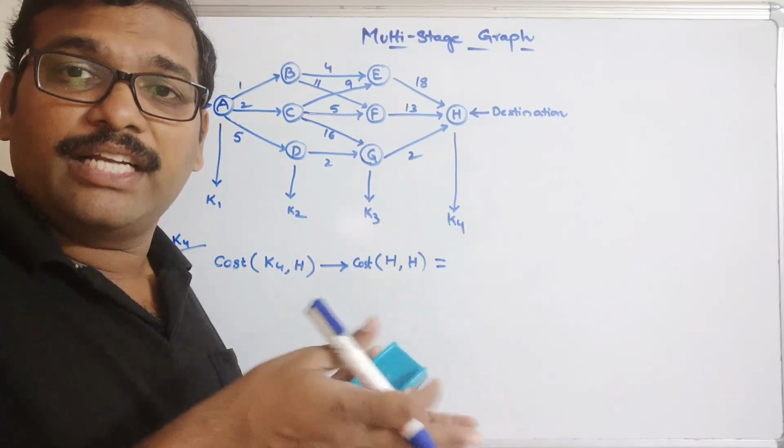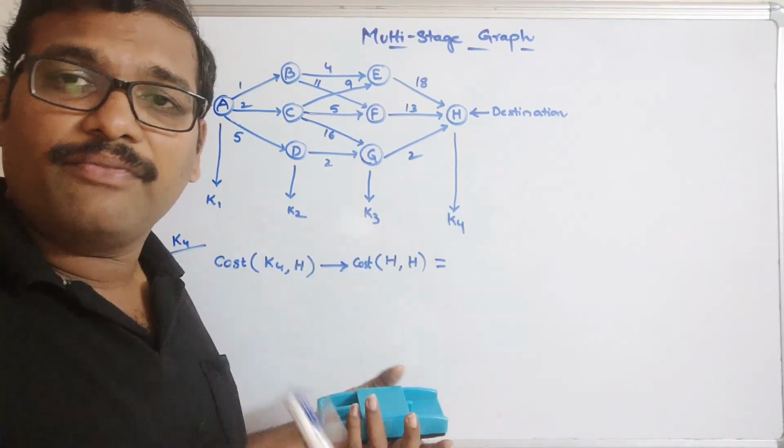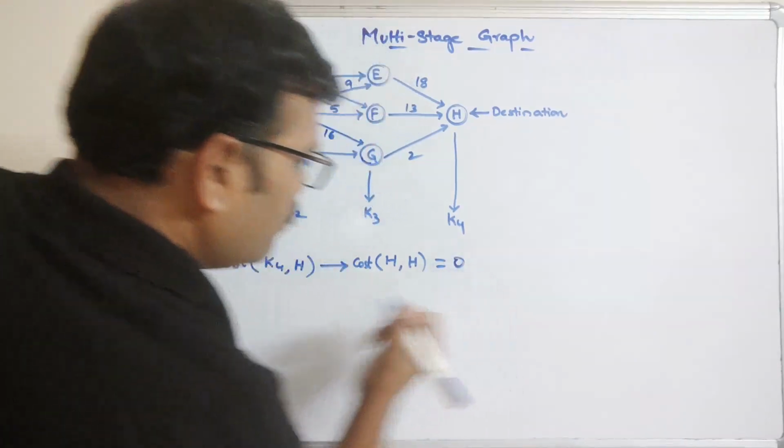If the source and destination are equal, then the weight is 0. So it will be 0.